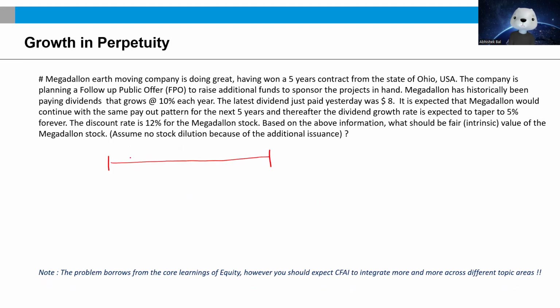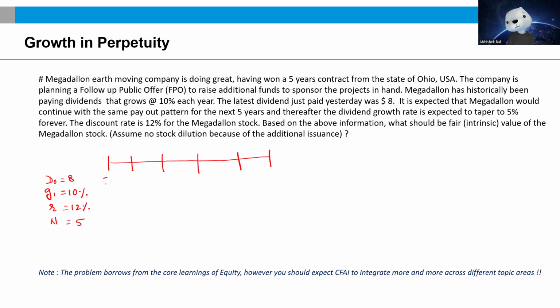In this case, the company is going to pay dividend that is going to grow at the rate of 10%. It is going to grow for the first 5 years.